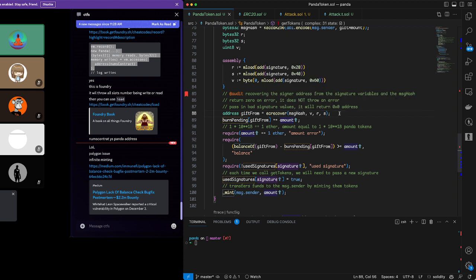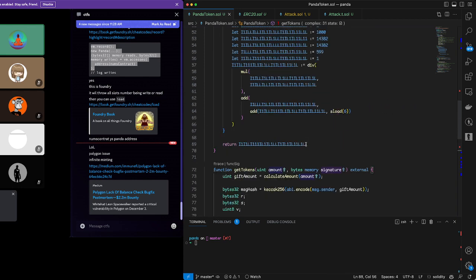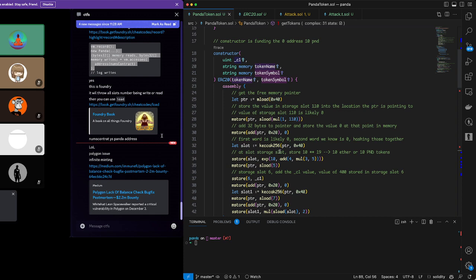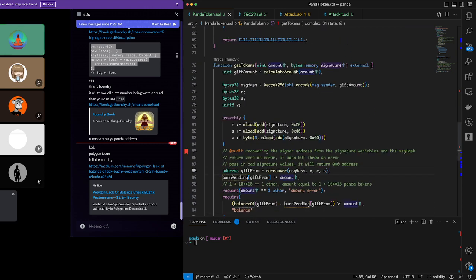The reason I was checking imports is OpenZeppelin has a safe ecrecover that will throw if it returns 0. So that's something to watch out for, is that if this returns an error, you get the 0 address. And so they just added a little bit of complex assembly to obfuscate the fact that they funded the 0 address with 10 tokens at the outset.